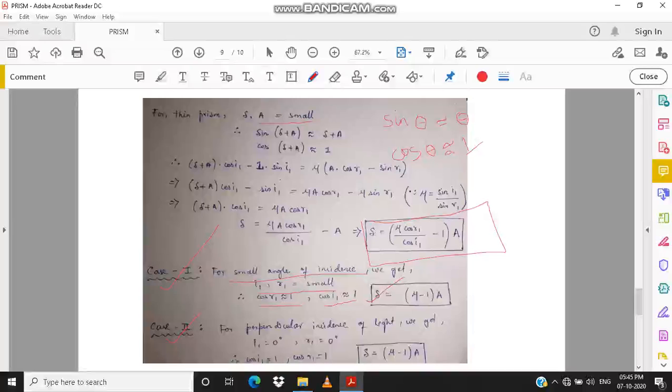So after substituting, what we get is delta is equal to mu minus 1 into A. What is case 2? Case 2 is for perpendicular incidence of light. What is perpendicular incidence of light? That means there will be no angle formed between the incident ray and the normal, because it falls on the normal of the prism.